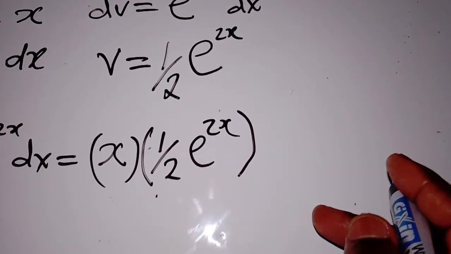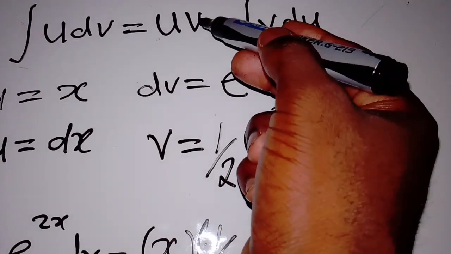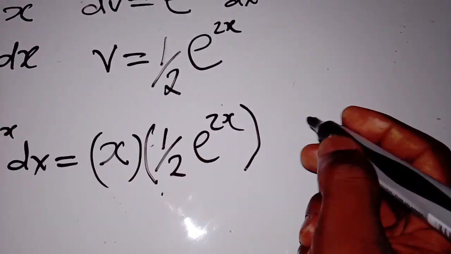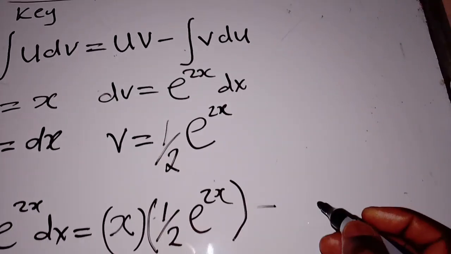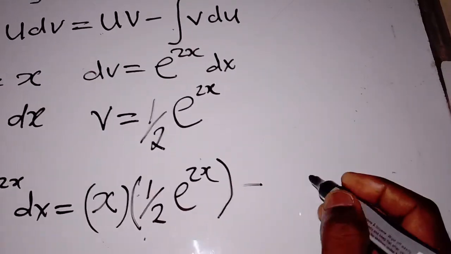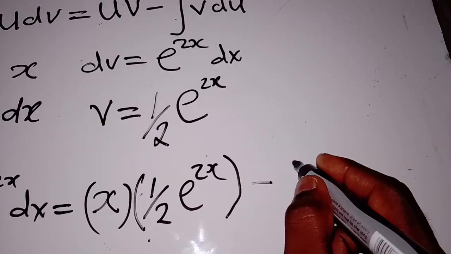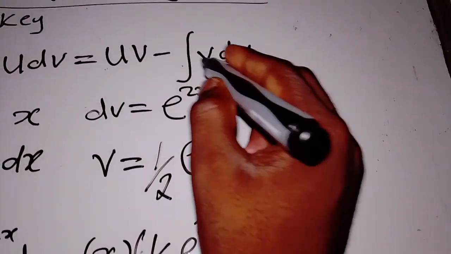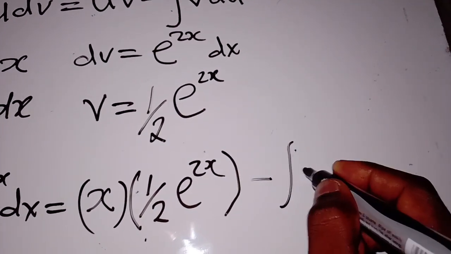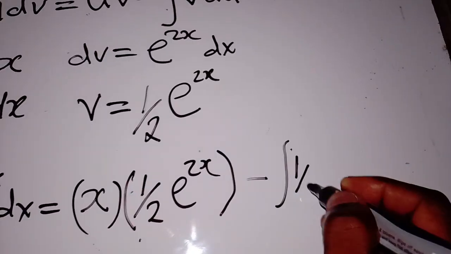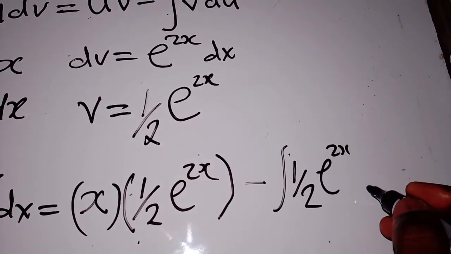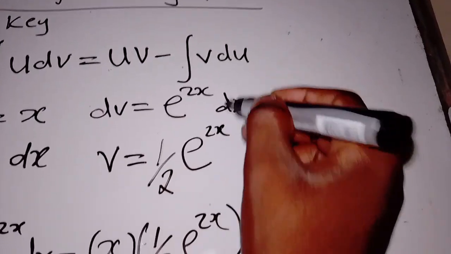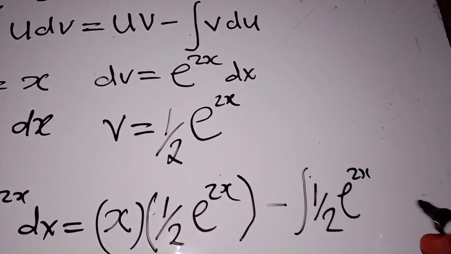Okay, that is our v, right? And then minus the integral of v du, where v is 1 over 2 e to the power 2x. Our du is what? dx.